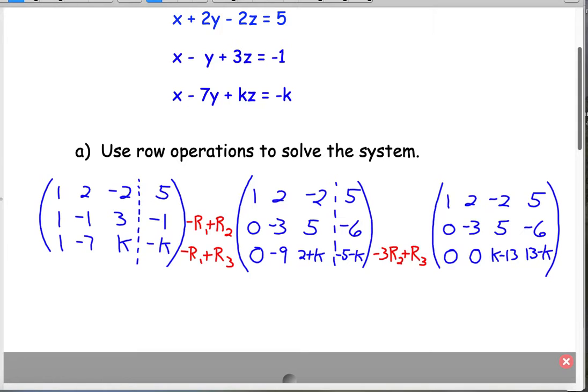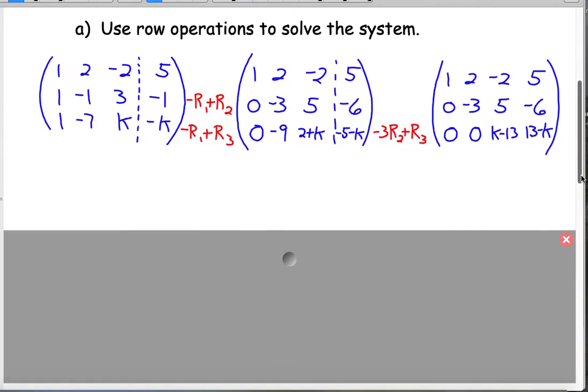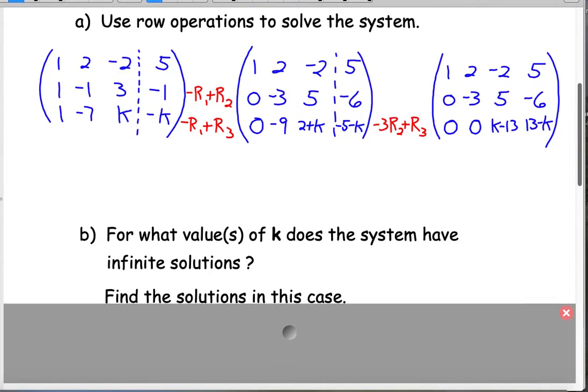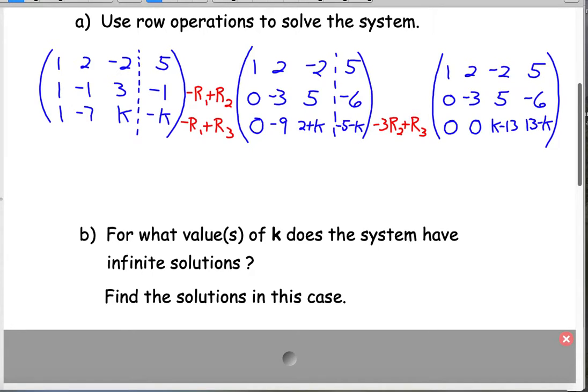All right. So now we're at the point where it's an upper triangular form and we could use back substitution to solve. So before I do that, let's look at the next question because it kind of ties in with what we've done so far. For what value or values of k does the system have infinite solutions?